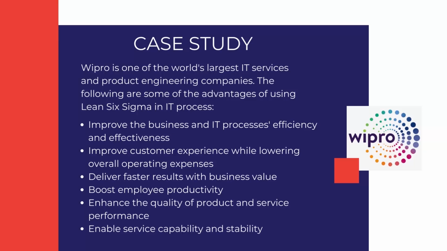Next, it enables service capability and stability with operational efficiency and control. The bottom line is that Lean Six Sigma, in conjunction with project management, can be successfully applied to IT projects, automated IT processes, ERP decisions or implementation, data warehousing, software design, user interface design, and customer support operations in a variety of IT companies, BPOs, KPOs, and other organizations.